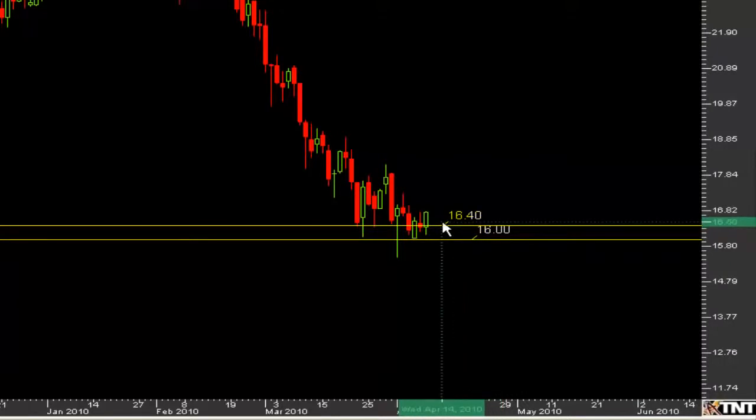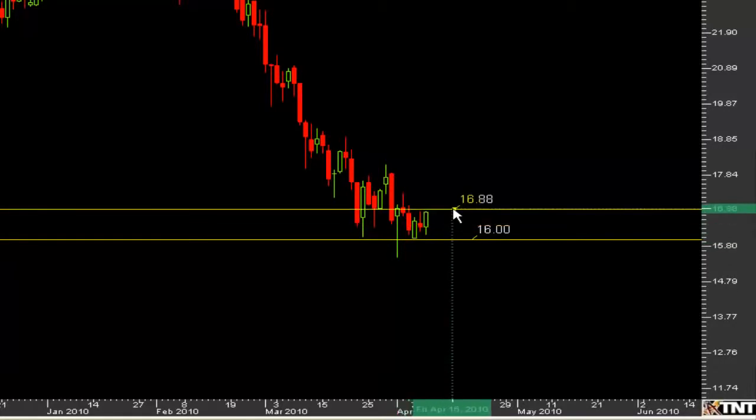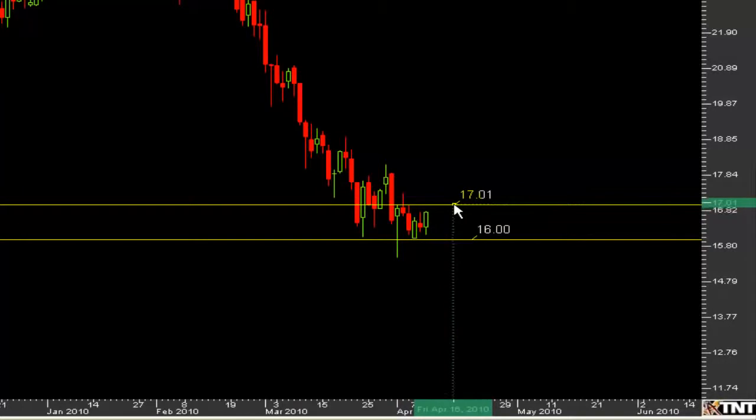Now the upshot to prediction mode and using limit orders is, as you can see, our risk is a lot smaller. Here we're only risking 40 cents, whereas if we're trading, looking to enter at 1701, we're risking well over 100. Well, not well over, but just over 100 to get into this trade.